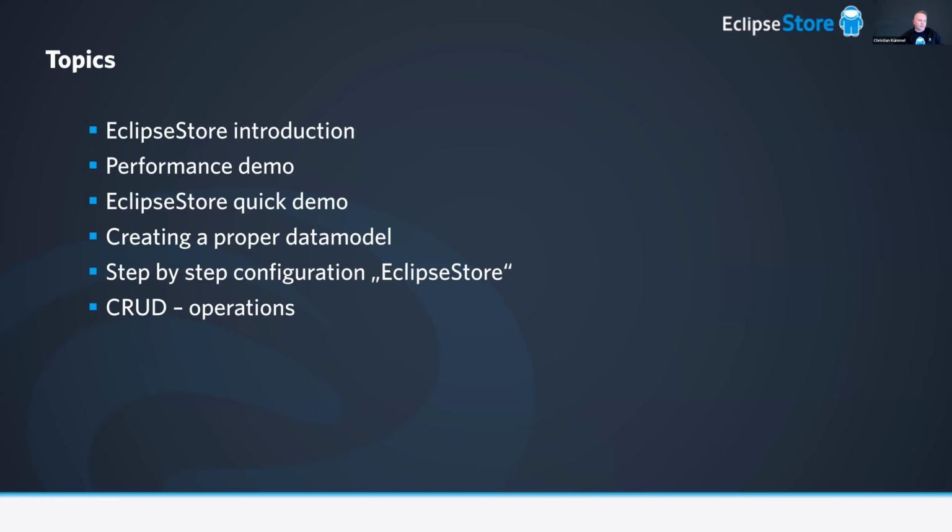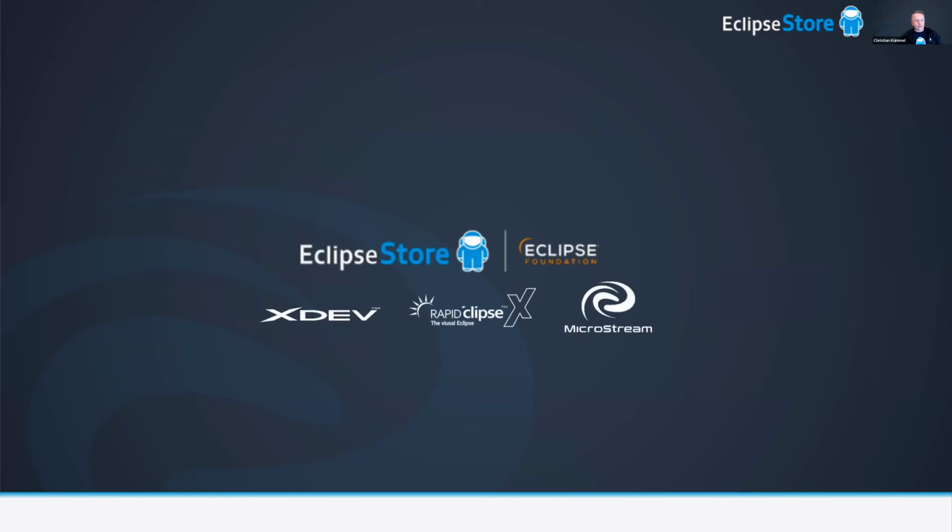After that, at the end, we do some CRUD operations, and we talk about queries and the Java Streams API, for example, because instead of using SQL, we mostly use Java Streams to get our data. That's a very important topic of EclipseStore. Yes, that's it for the topics for today. And now I will hand over to Marcus, and let's start with his presentation.